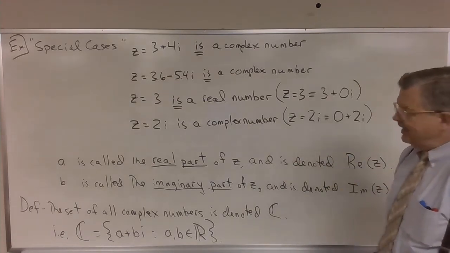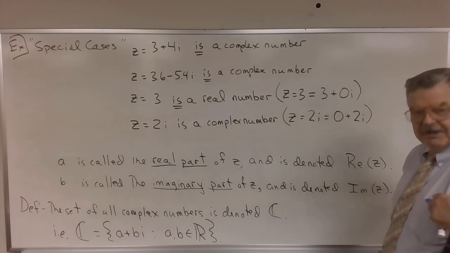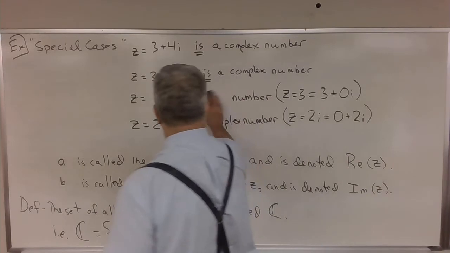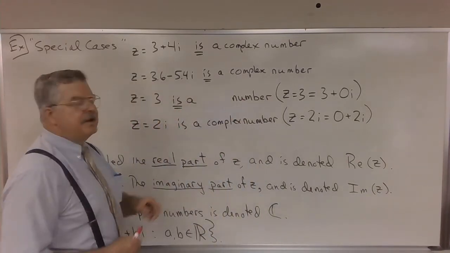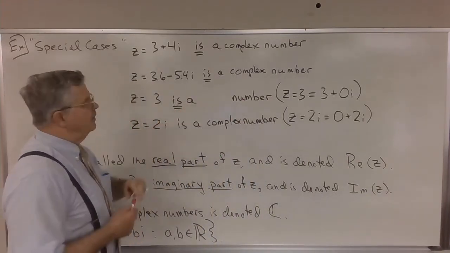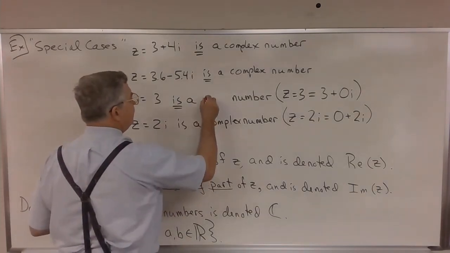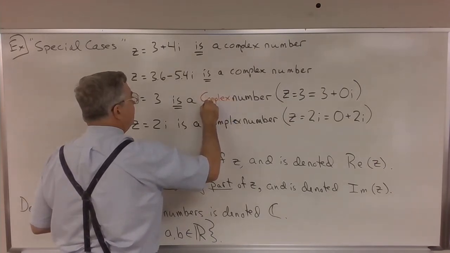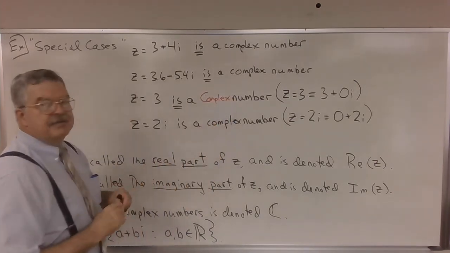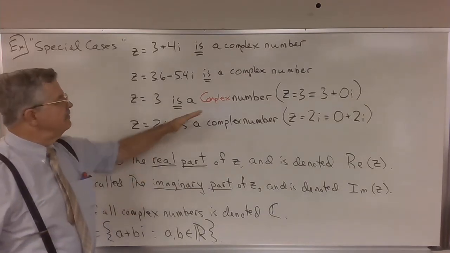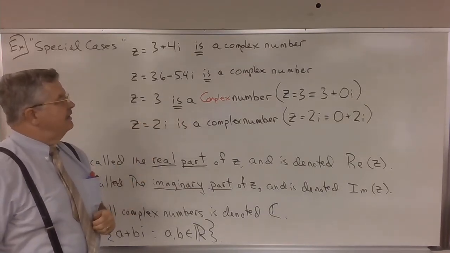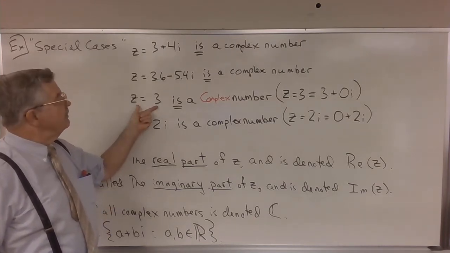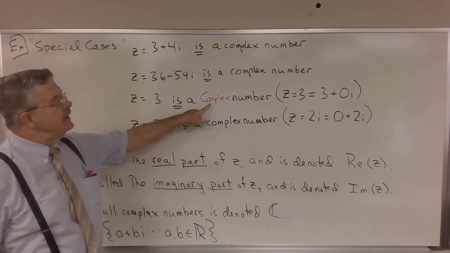And I just looked at what I had written above and realized I may have said what I meant, but I didn't mean what I said, or vice versa. What did I really mean to put here? What should go here? Okay. Now, for those of you who are about to have a heart attack, please forgive me. Yes, the point to this particular example is that any real number is also a complex number.